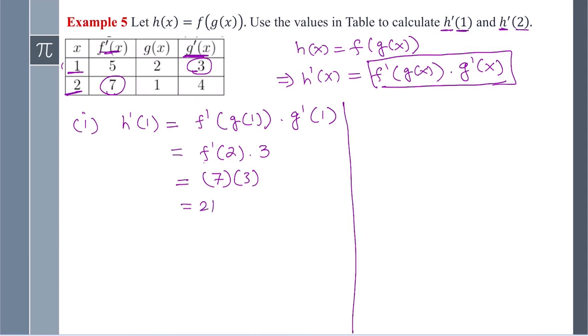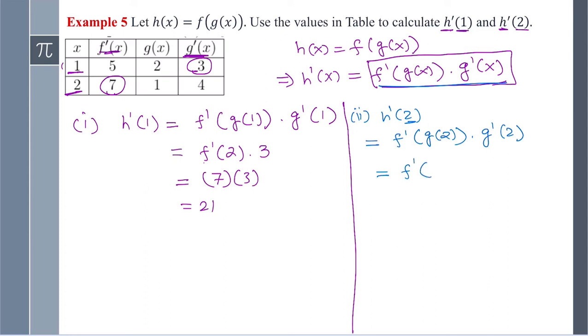Now let's look at the second one that we have, which is h prime of 2. Again, same thing, if we put it here, so f prime of g of 2, because x is 2, times g prime of 2. Now look at the table.